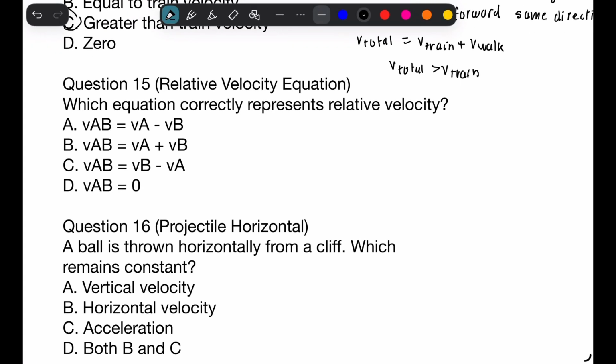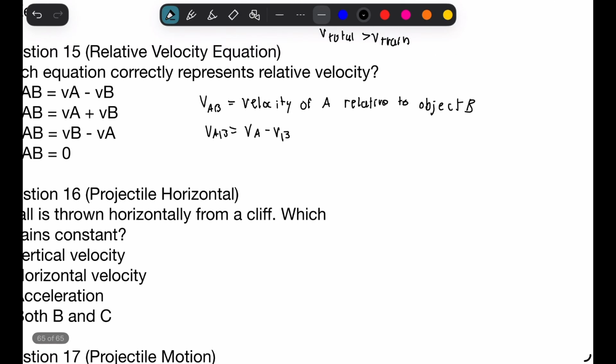Now, which equation correctly represents our relative velocity? Relative velocity is VAB, which is going to be the velocity of object A relative to object B. So as a formula, that's VAB is equal to VA minus VB.